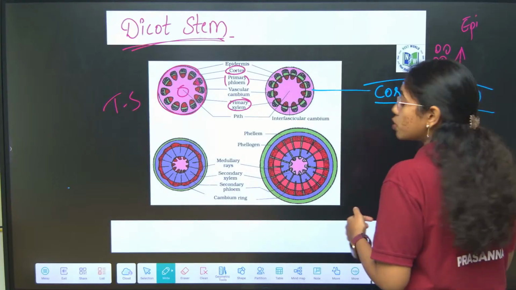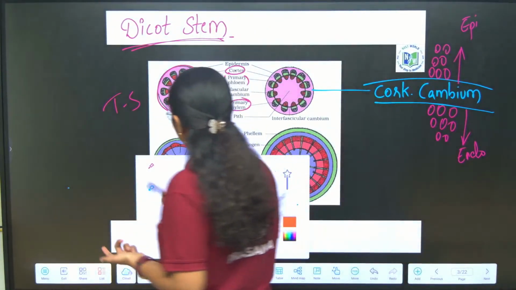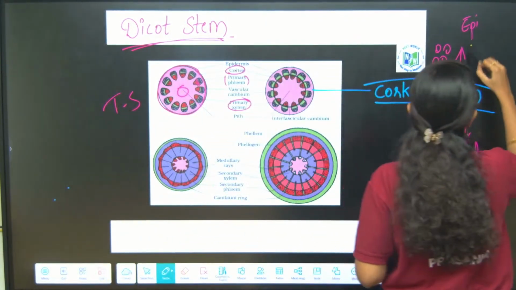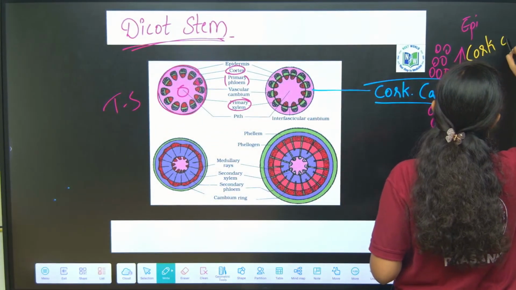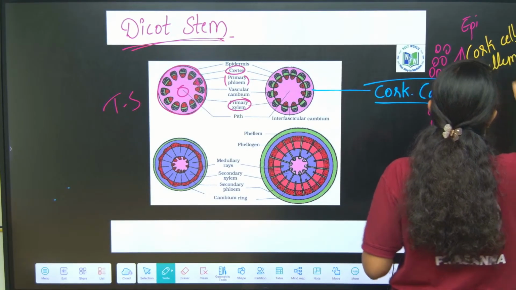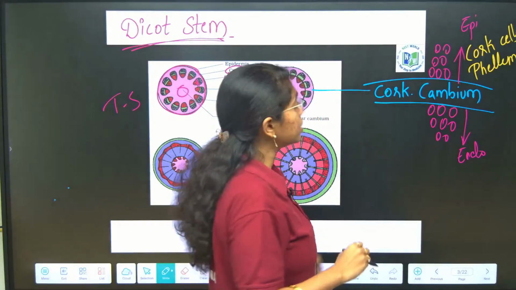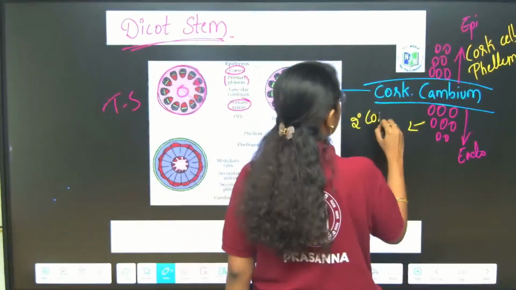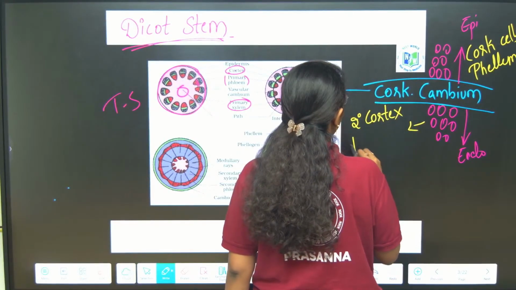Those new cells which are formed towards the epidermis are known as cork cells or phellum. And those cells which are formed towards the endodermis are known as secondary cortex or phelloderm.